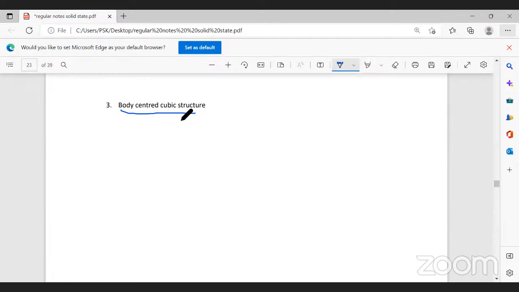Now, in order to understand the body-centered cubic structure, first let me draw the cube. Pay attention when I'm drawing the cube, and I'll explain this.